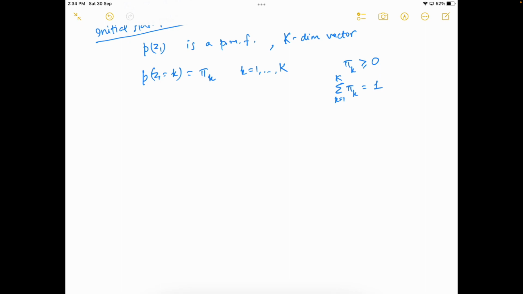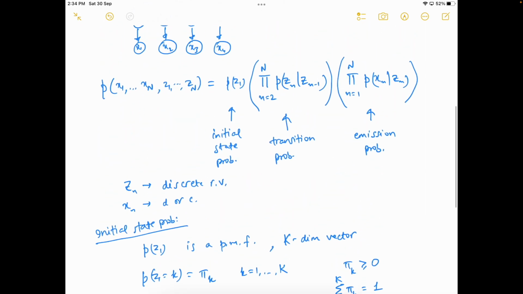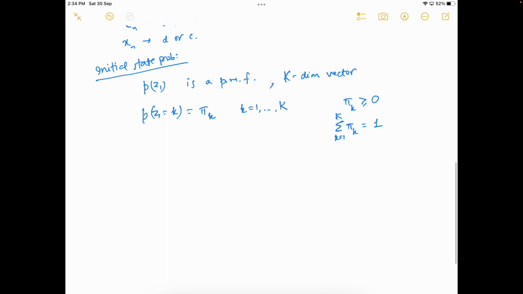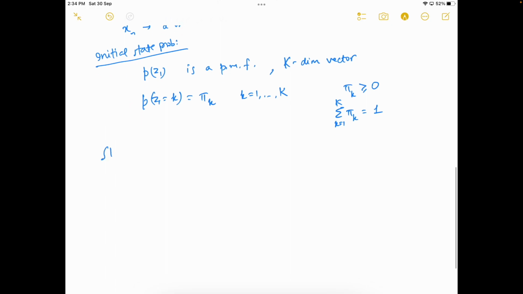Let's consider the next thing, which is the transition probability, or we call it state transition probability, P of Zn given Zn minus 1. What PDF will you use here?